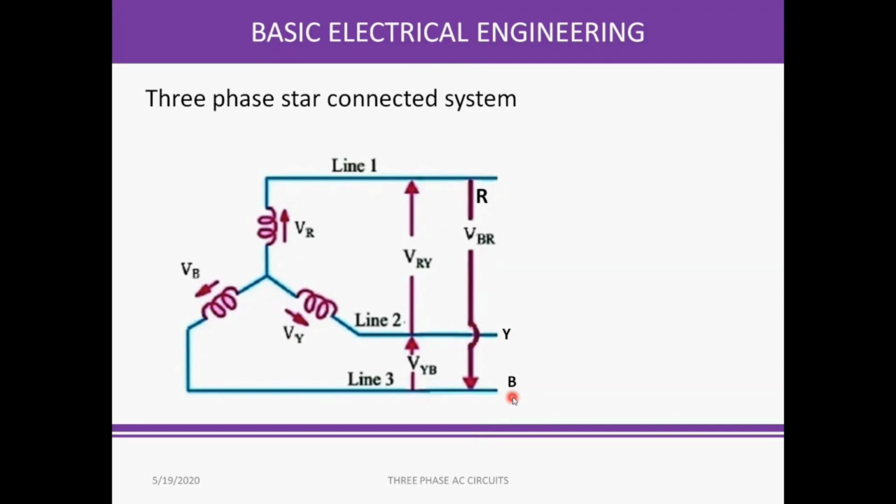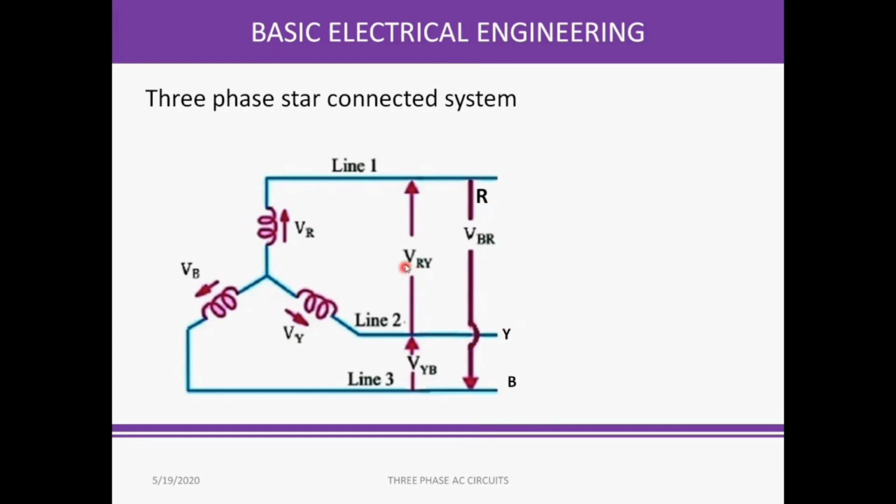Basically, in a three-phase system, we are talking about line voltage, line current, phase voltage, phase current. We'll see one by one. Now, first, what is the line voltage? The voltage measured between the lines is called line voltage. Between line R and line Y, we measure the voltage VRY.